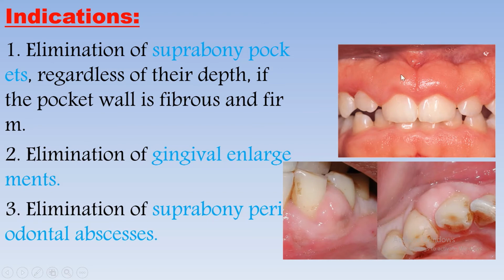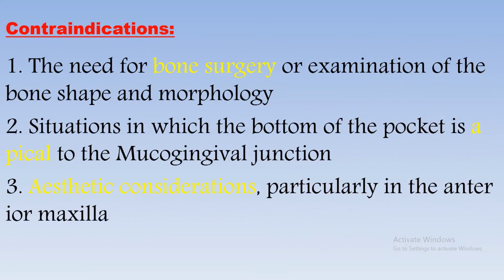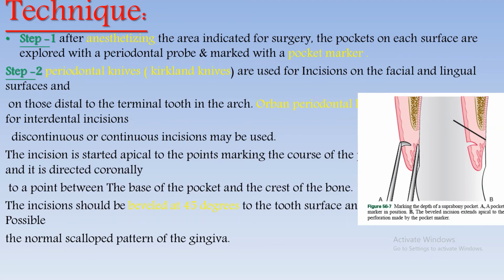We determine the base of the pocket, sometimes 3, 4, 5, whatever the pocket depth, in a scallop appearance. The base of the pocket has a scallop appearance, we mark it by periodontal pocket marker. We have determined the base of the pocket.